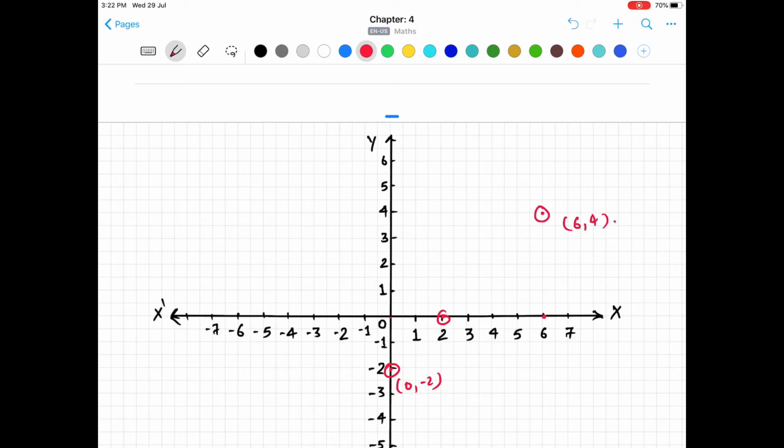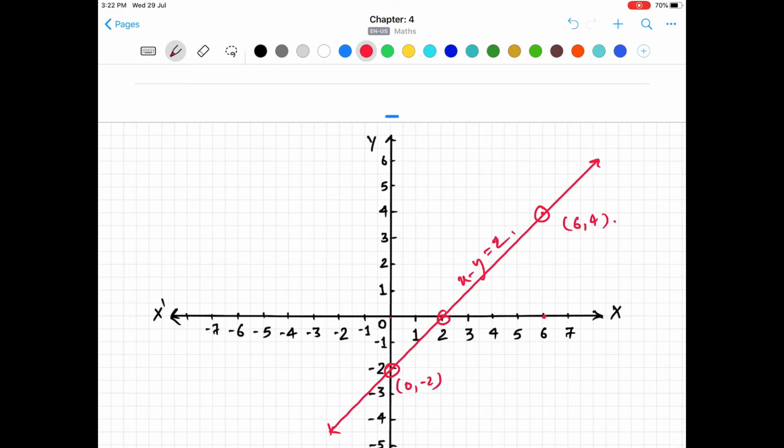Now we got the 3 points. Let's join them by a straight line to get the line representing these points. Let's mark the arrow on both ends and write the equation of the line on it: x minus y equals to 2.